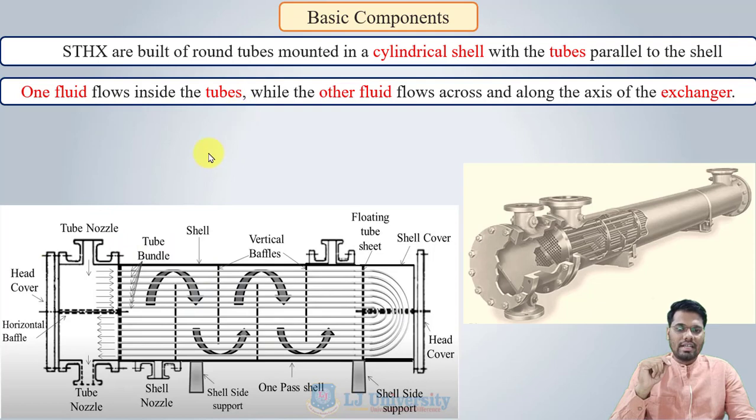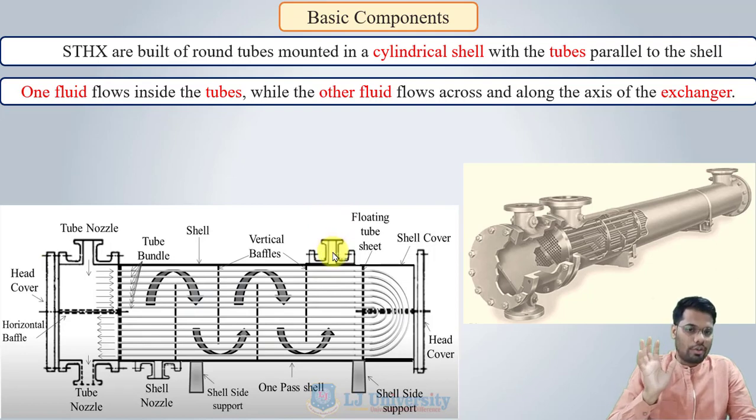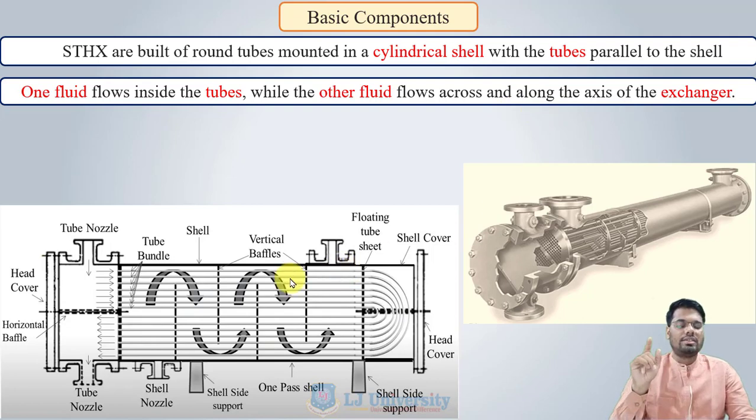Here one fluid flows inside the tubes. One fluid, either hot or cold, whichever comes from this tube nozzle, will pass through these tubes. The other fluid, which comes from this nozzle, flows over the surface of the tubes, across and along the axis of the heat exchanger.